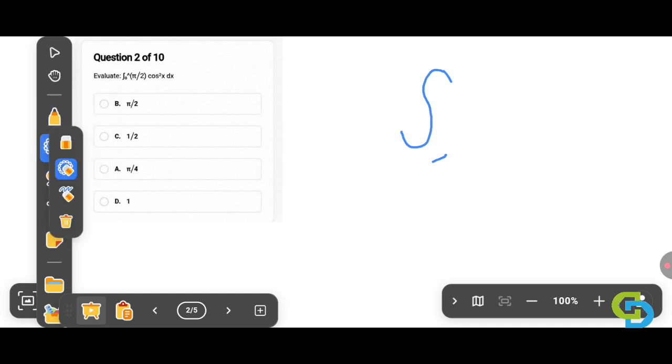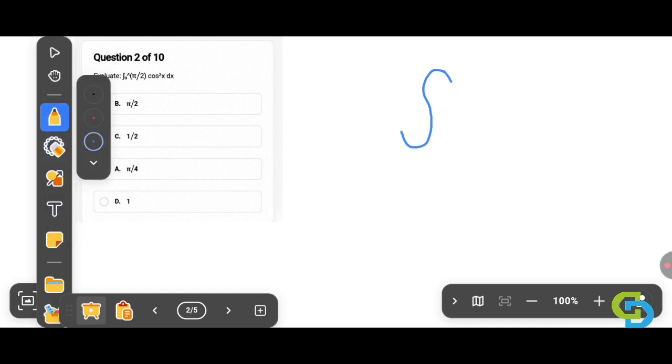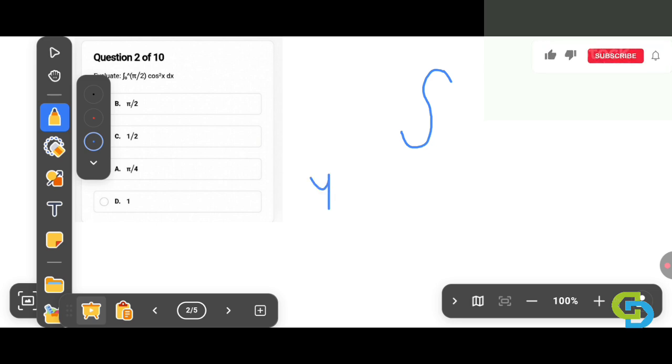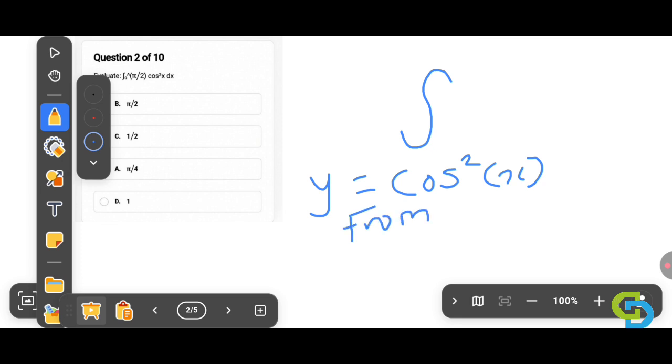So in simple terms, the question is just telling us something like this: y is equal to cos square x, from x equal to 0 to x equal to pi over 2. This is just a simple interpretation of the question.